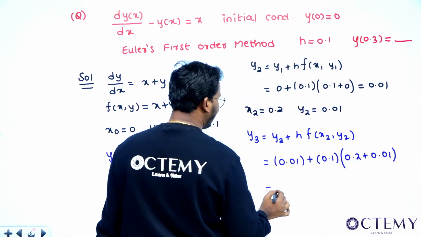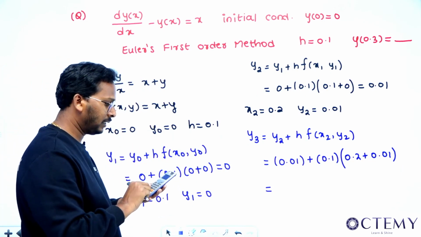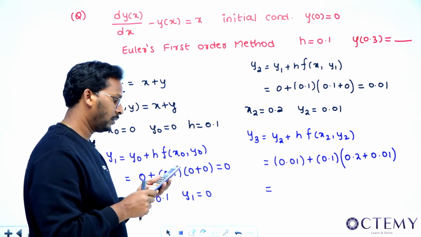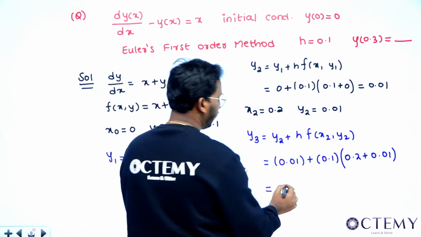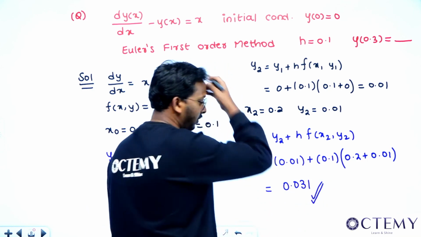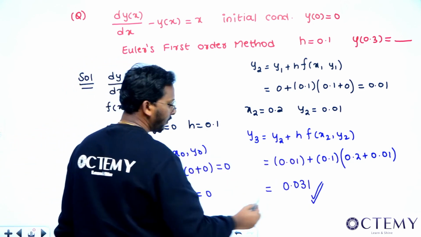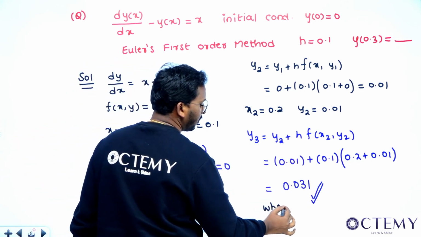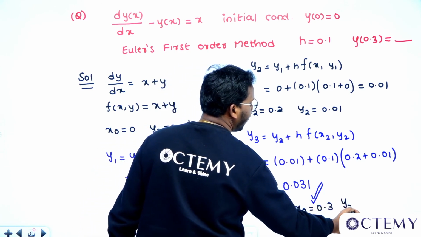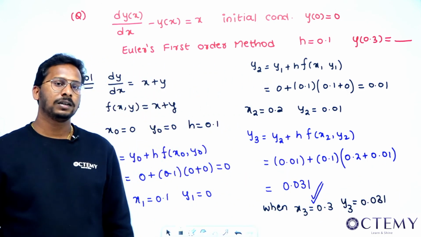So you will get 0.01 plus 0.1 into 0.21, which is 0.031. This should be your answer. The meaning of y3 being this is, when x3 is equal to 0.3, y3 is 0.031. So these are the questions that can be asked.